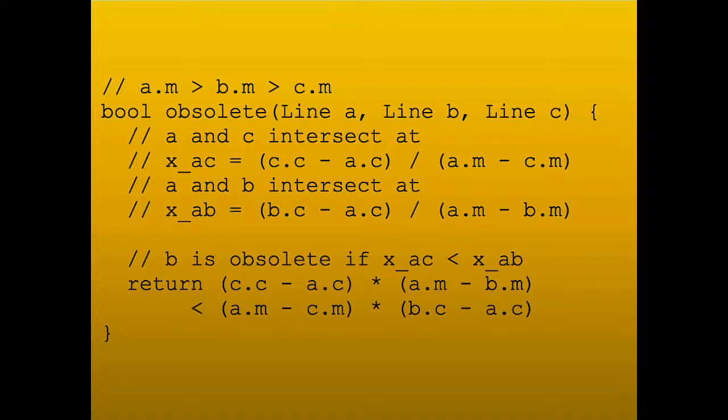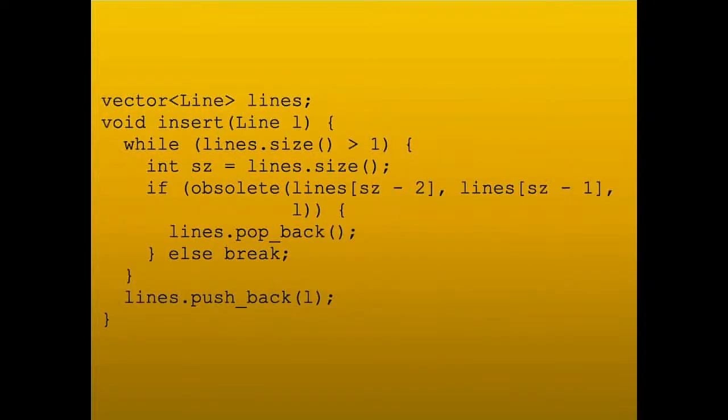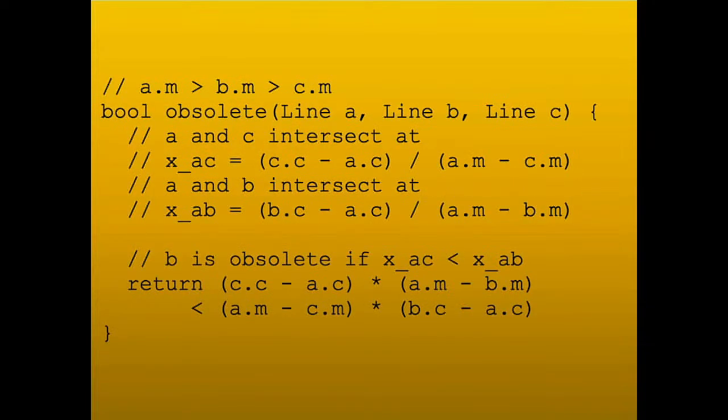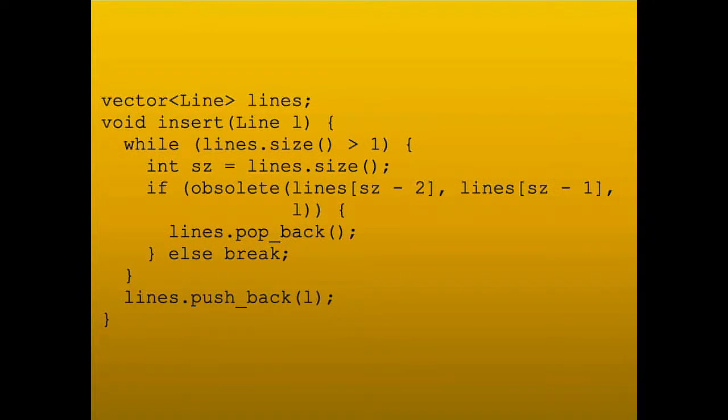Okay, and then how to use this obsolete method is standard, like Graham scan. Assume the lines have been sorted by M. Then while the top of the stack is obsolete, you pop it.